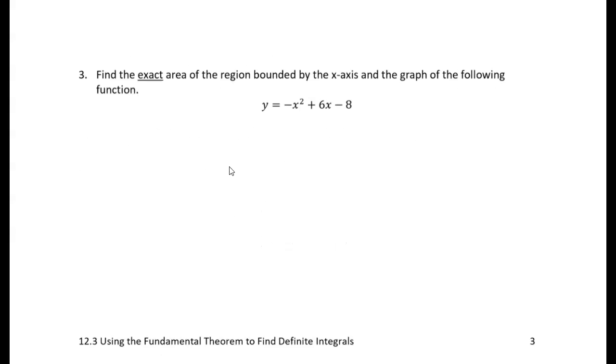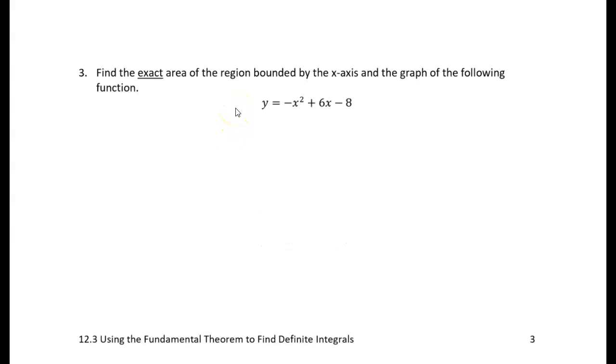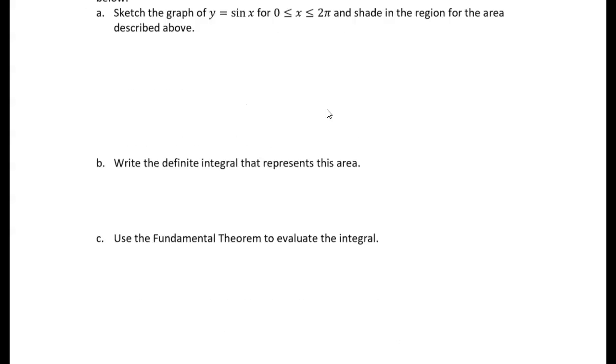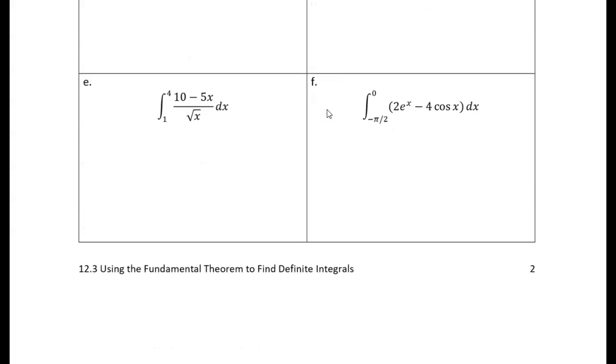And other than that, this is another area problem, and just beware there are no limits of integration given. If we're looking for the bounded region between this parabola and the x-axis, you need to figure out where the parabola intersects the x-axis, so you need to find the x-intercepts. But other than that, it should be fairly straightforward. So we'll talk to you later.